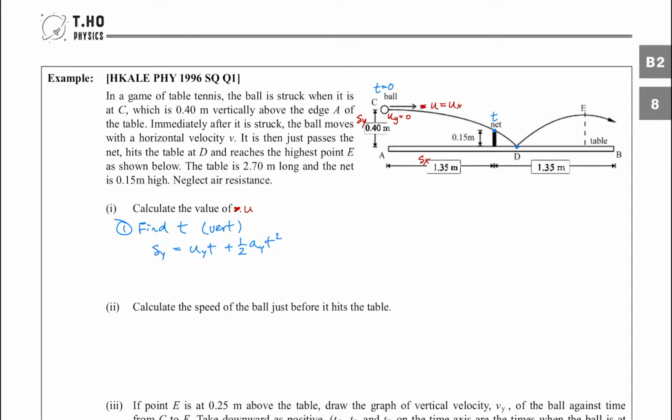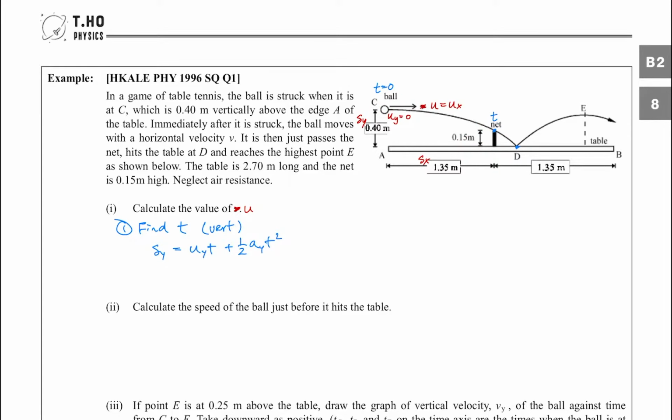You ask yourself, what is the vertical displacement from this point to this point? Is it 0.4? No. Sy is not 0.4 because we are talking about this point and this point. The vertical displacement is 0.4 minus 0.15.